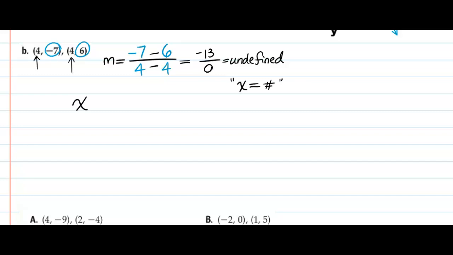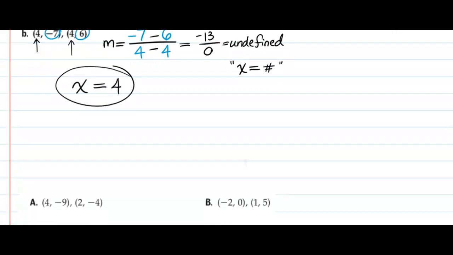So if we have to choose some value for x to equal, it makes sense that we would choose 4. And we're finished. And you might wonder, is that in point-slope form? Is it in slope-intercept form? It's kind of one of those outliers. It's really neither because we don't have an x and a y. It would be in standard form, which we're going to get to later on in our notes.